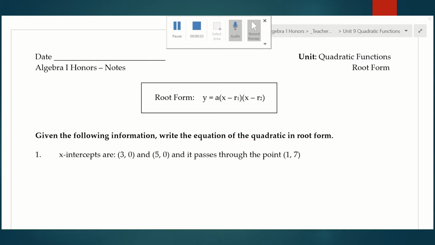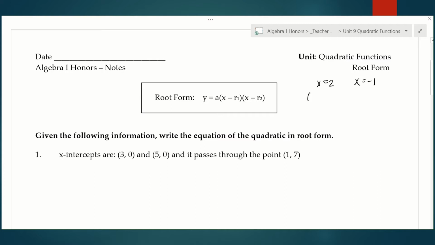Now, just like the previous lesson where we were writing equations in vertex form, it's important that we have our a term, because if we don't have our a term, we really don't have the specific parabola that we're talking about. I don't know if you remember when I would say the roots of a quadratic equation are x equals 2 and x equals -1, and ask you to work backwards to tell me what the equation of that parabola could be.